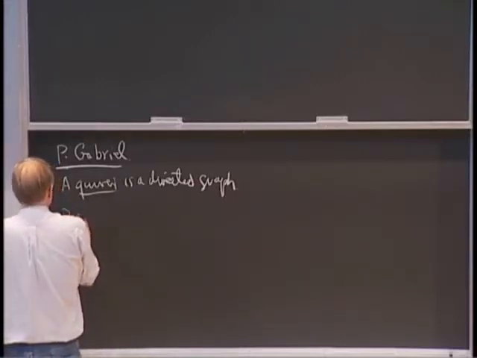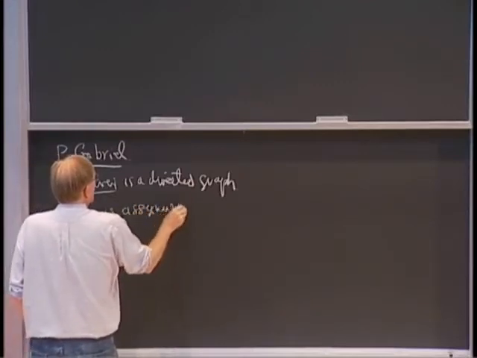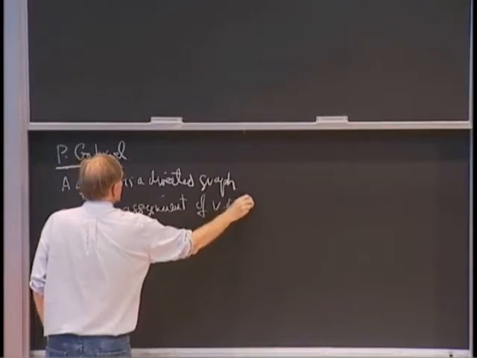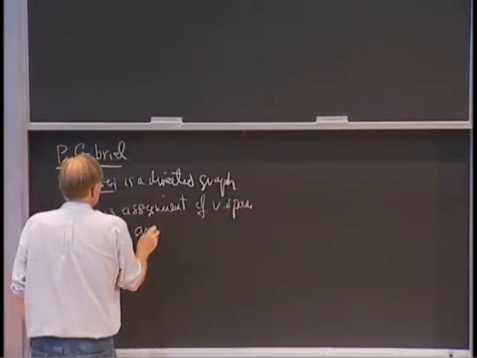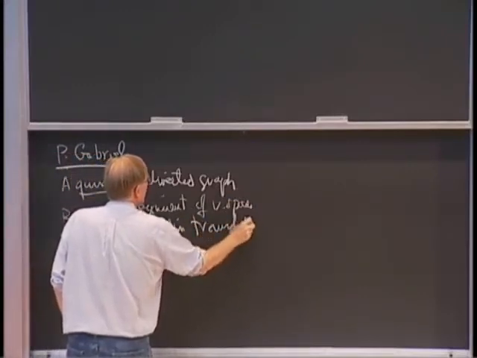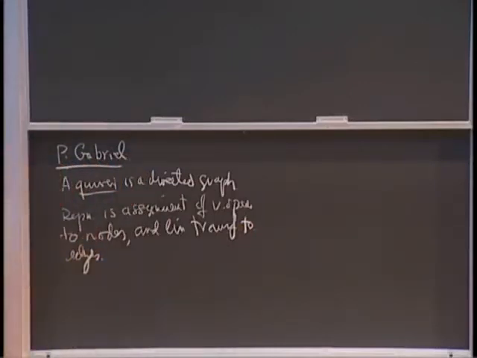So a representation is an assignment of vector spaces to nodes and linear transformations to edges. Okay.